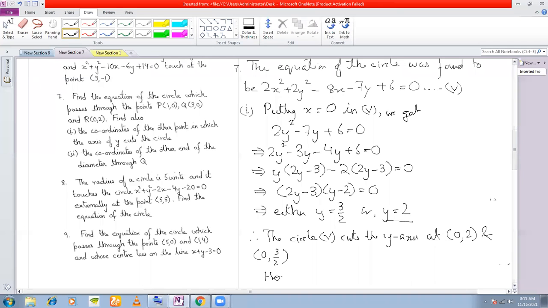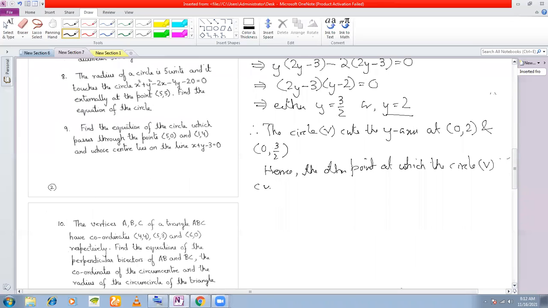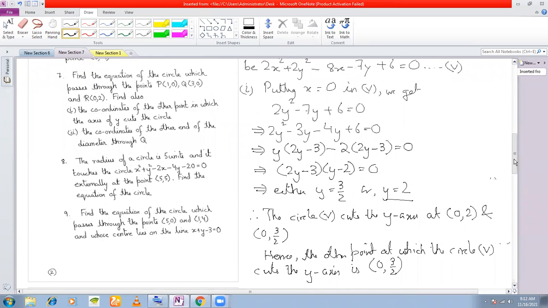Hence, the other point at which the circle 5 cuts the y-axis is 0, 3 by 2. Okay. So this is part 1 of question 7.